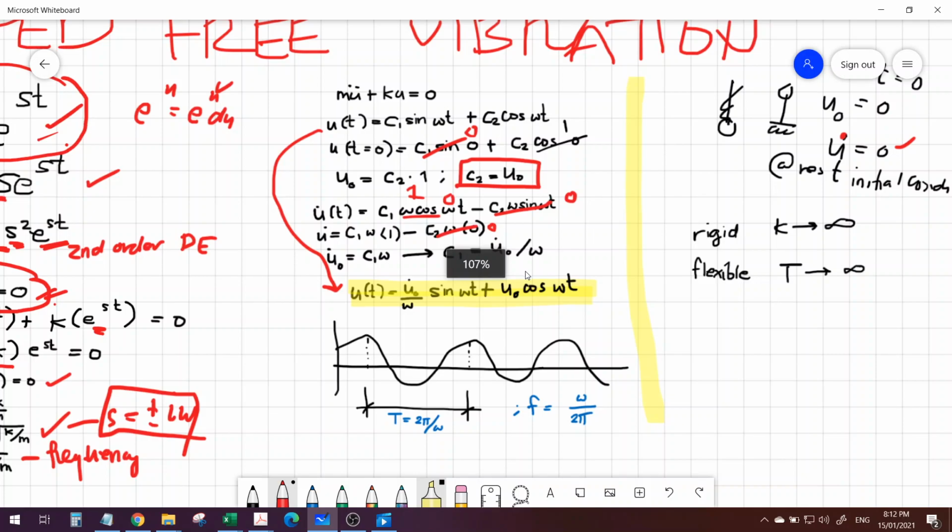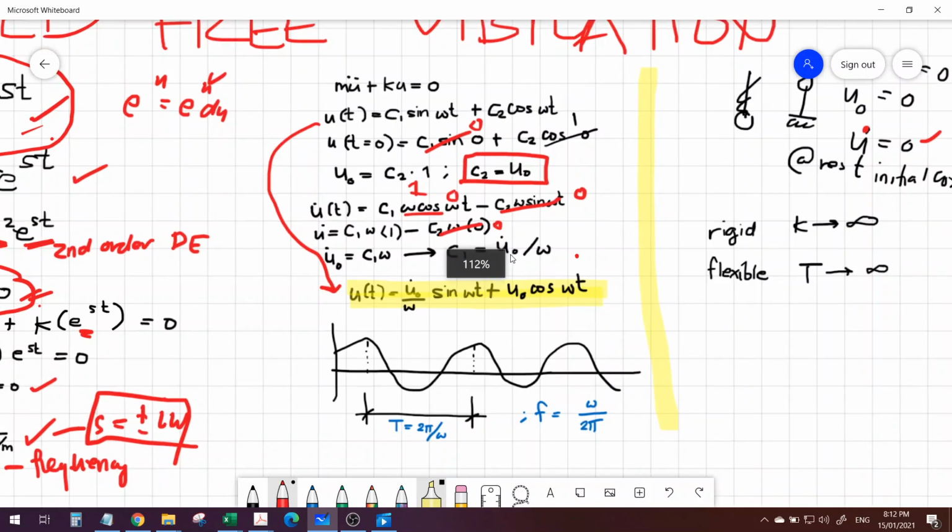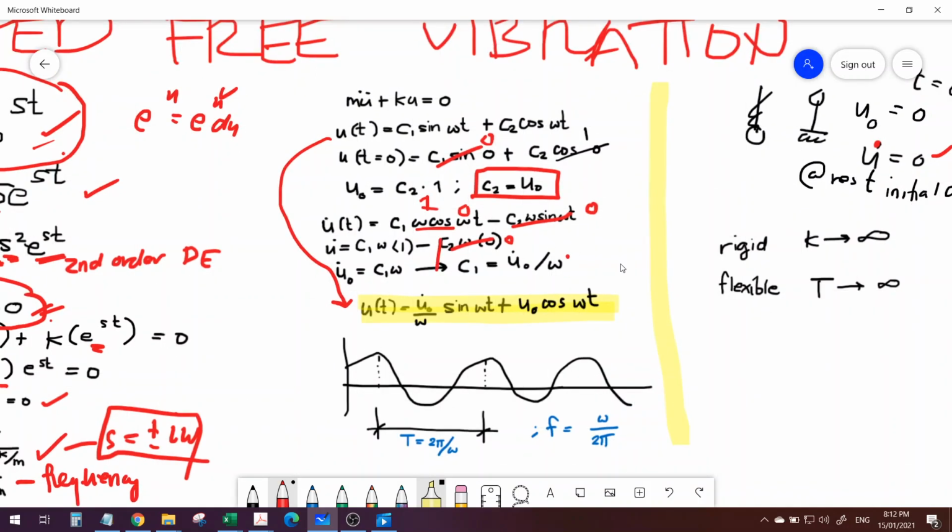So it turns out our C1 is u dot over omega.